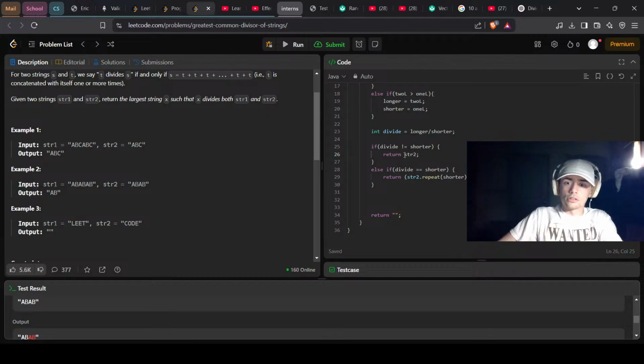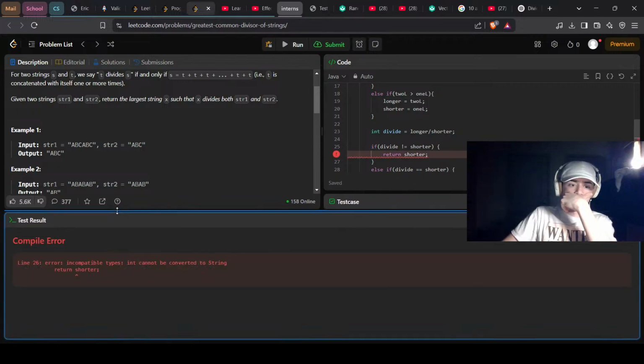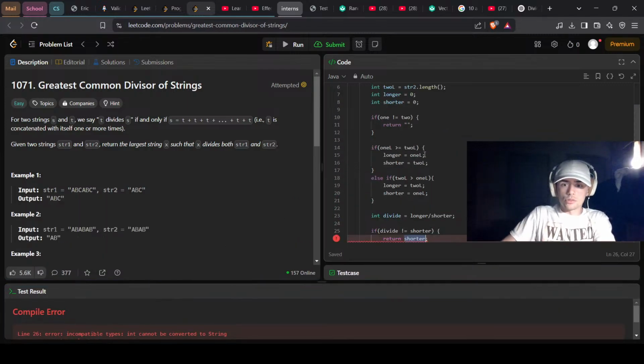How am I returning string 2 here? Return charter. Right? Oh wait, no, I'm silly. Return.